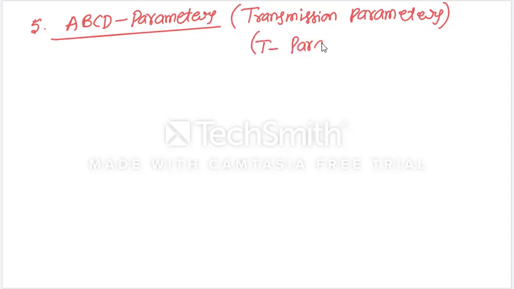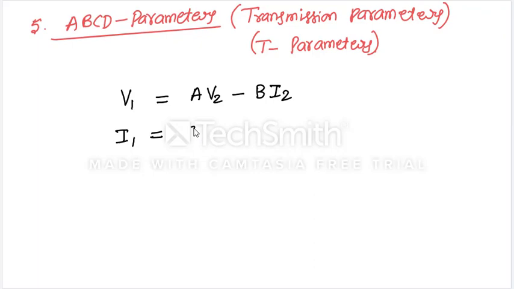In case of T parameters, the independent variables are V2 and I2, and the dependent variables we take as V1 and I1. That is, V1 is equal to A V2 minus B I2. Next, I1 is equal to C V2 minus D I2.